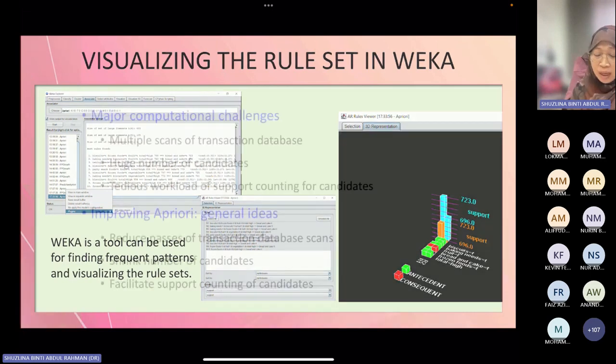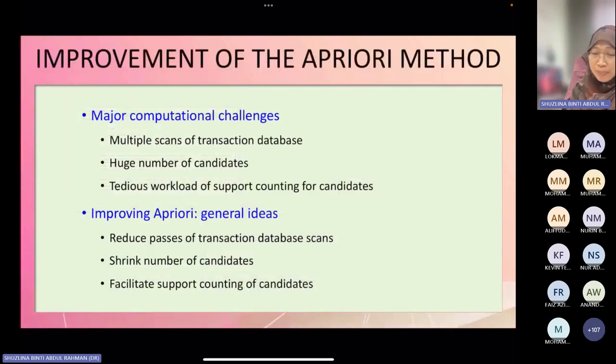All right. So the Apriori method brings a lot of challenges as well. If you notice, when we create this kind of thing, we have to do multiple scans of the transaction database, isn't it? You can imagine it will involve a huge number of scans if we have a lot of candidates.